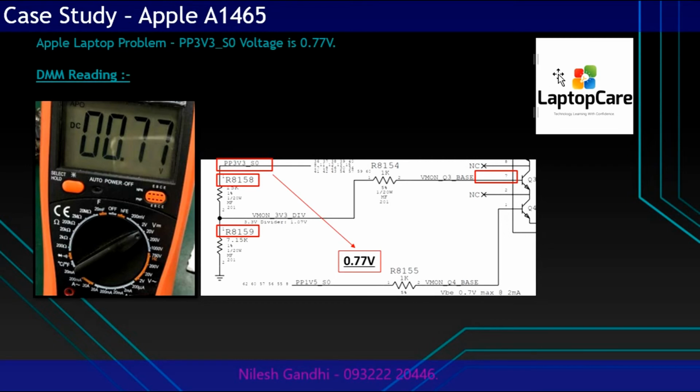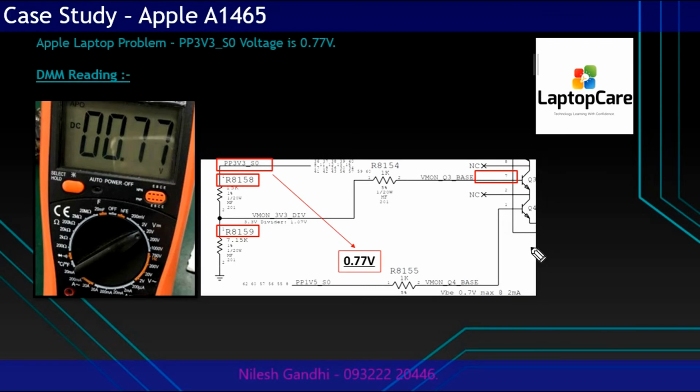Here PP3V3_S0 is only 0.775 volts, and via the voltage divider at this junction it only becomes 0.24 volt, which is very low, and it will not be able to turn on this transistor Q3.